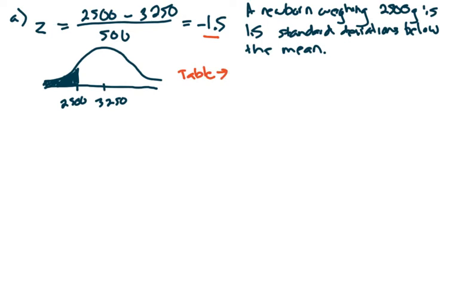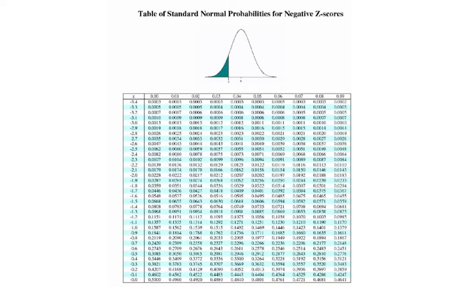And what you're going to want to do is look at the negative version. So remember, we just found that z equals negative 1.5. The first column is your first two digits, and the row is your second decimal point. So we're looking technically at negative 1.50.